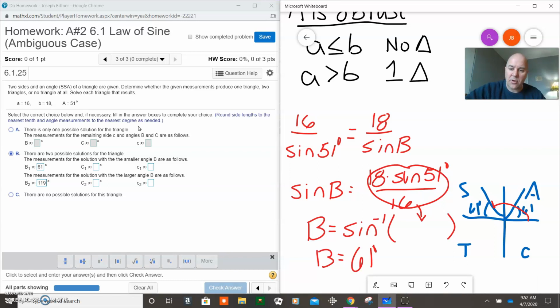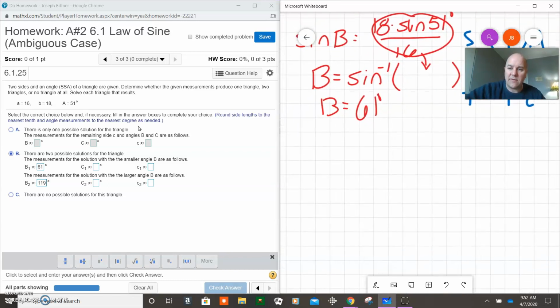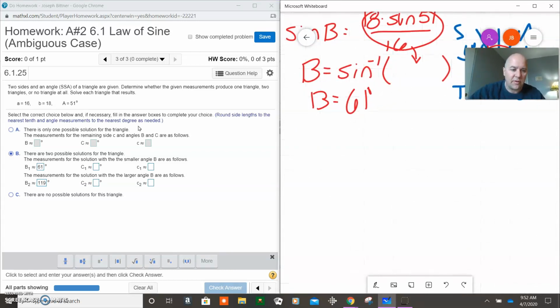Now the remaining part of the problem, I really just have two triangles that I have to solve. Now, find angle C. So really I've got two triangles going on. So it's kind of confusing. You have to work on one triangle, then you can move on to the other triangle. For me to find C1, I know capital A, I know capital B. All three angles of a triangle have to do what?